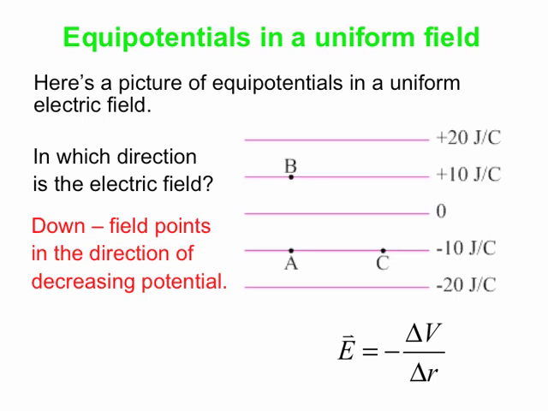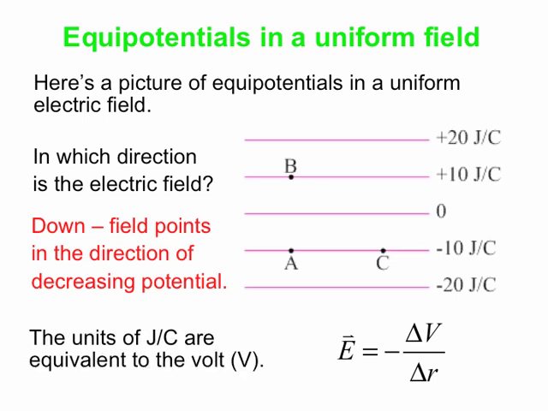So in this picture, if you're at point B, to decrease potential most quickly, you go straight down. That is the direction of the field at B. And note that joules per coulomb is the same as the unit volt. So if you want to measure potentials in volts, that is perfectly fine.